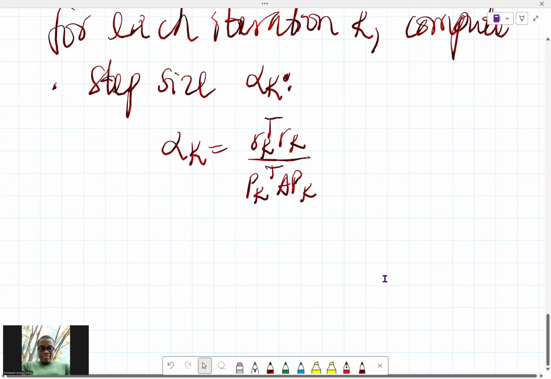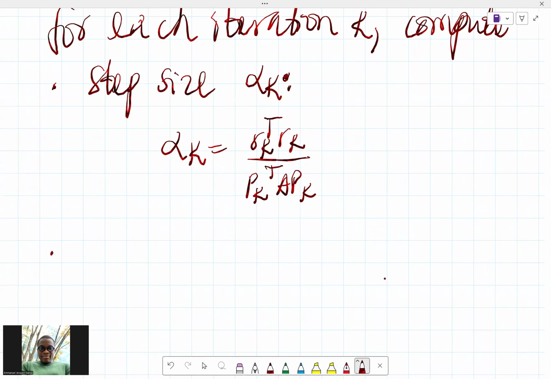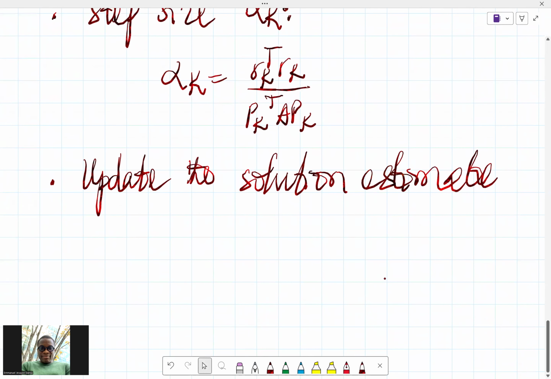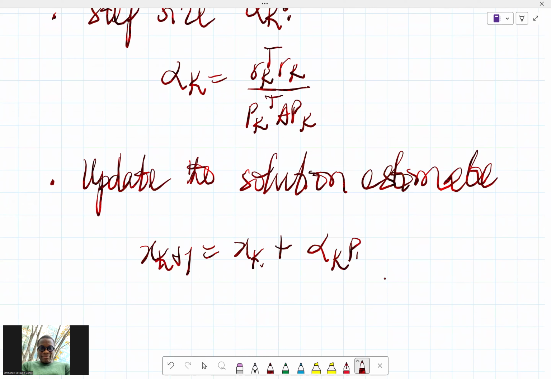After computing the step size alpha K, we update the solution estimate. The way to do that is xk plus 1 is equal to xk plus alpha k pk.